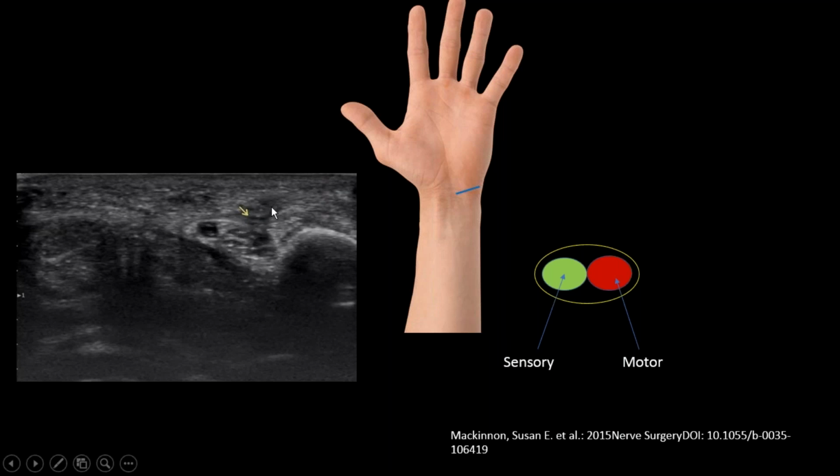And the scar tissue was right at the level of the ulnar side of the nerve, which also coincides with the motor fascicles. The topography of the ulnar nerve at the wrist at the Guyon's canal is arranged in a way that motor fascicles are on the ulnar aspect, and these are sensory fascicles.